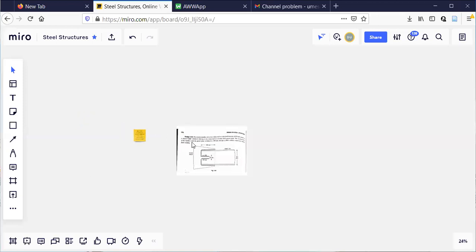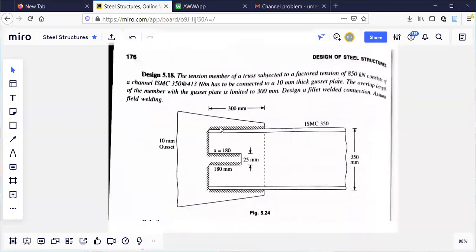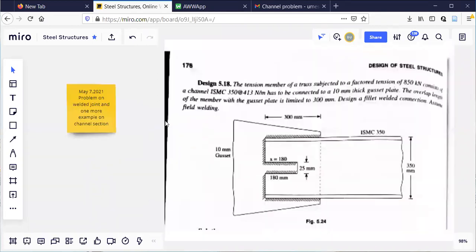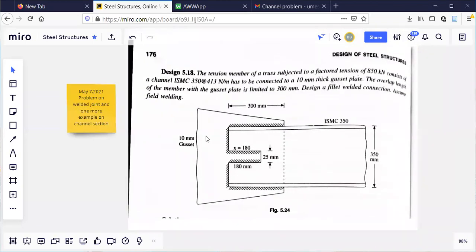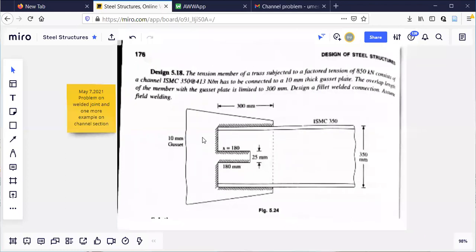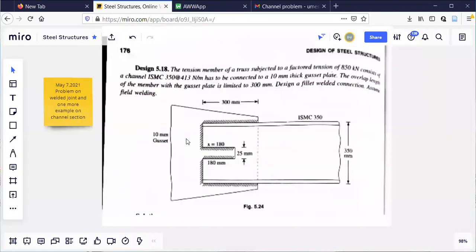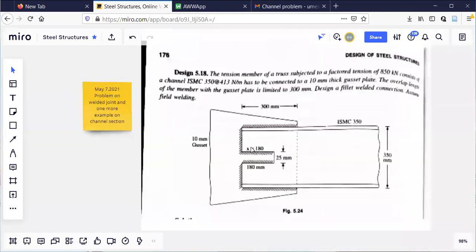Channel example, how to solve it. This is, I can say, a question paper type of problem. One can expect this in the final exam also.